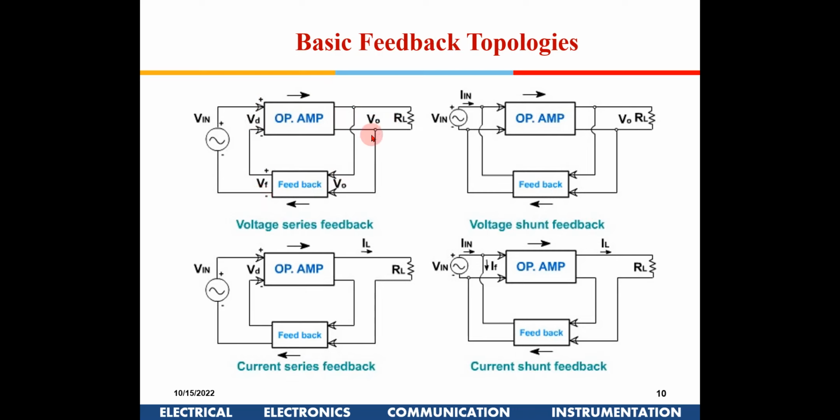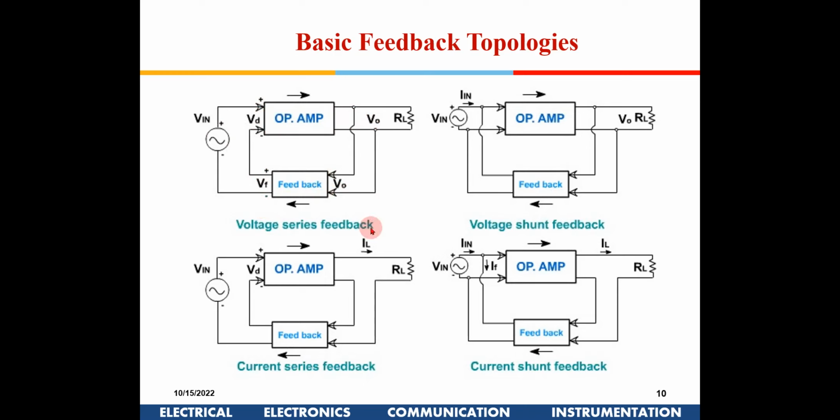If there is no phase difference, then you will have to do a subtraction out here. So this is actually a difference between these two signals. For a generalized case, we will assume that V0 we are giving it here and we are subtracting these two signals. So this will be known as voltage series feedback.